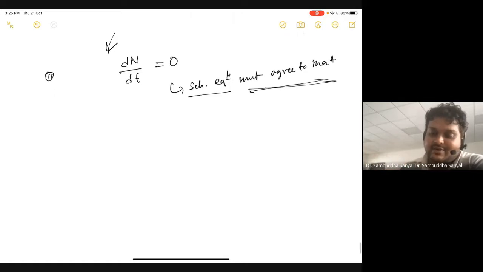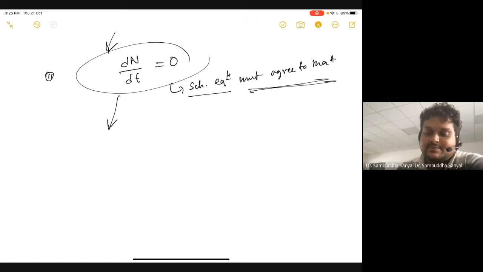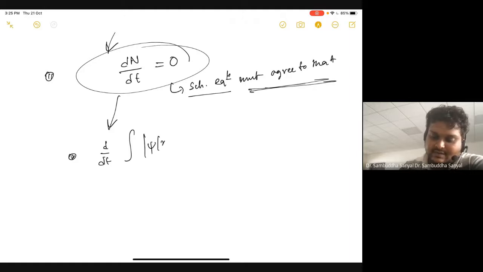So then if you try to see what the Schrodinger equation tells you corresponding to this, let me write it down.